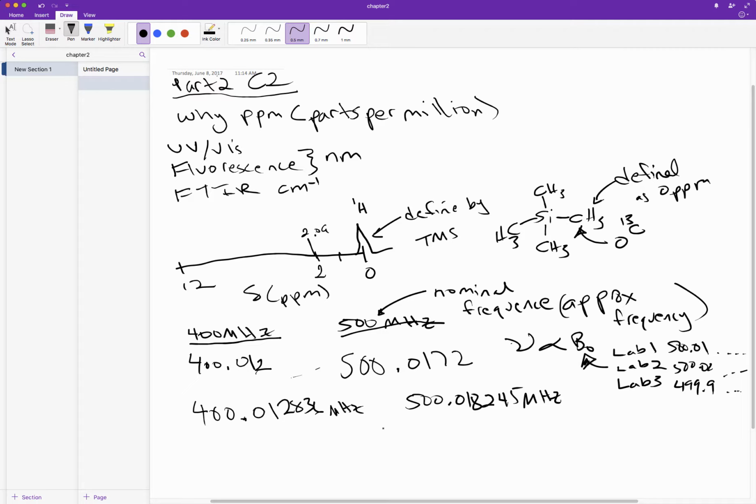So it would be kind of nonsensical to report in the literature that I got a peak at 500.01824, and this guy that has the 400 megahertz magnet has no idea what you're talking about.